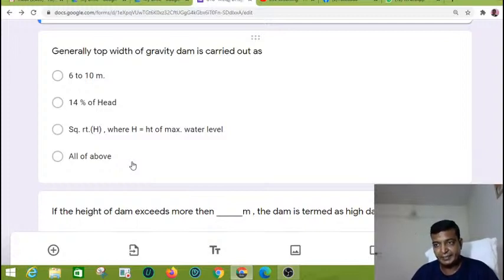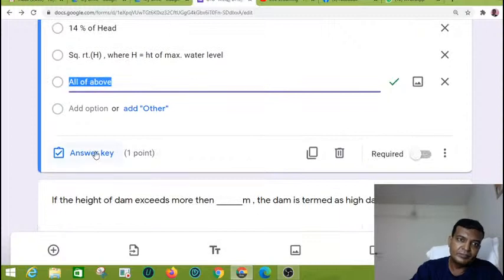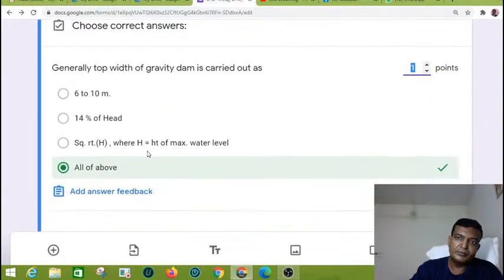D is the right answer because these all are the thumb rules to decide the top width of the gravity dam.